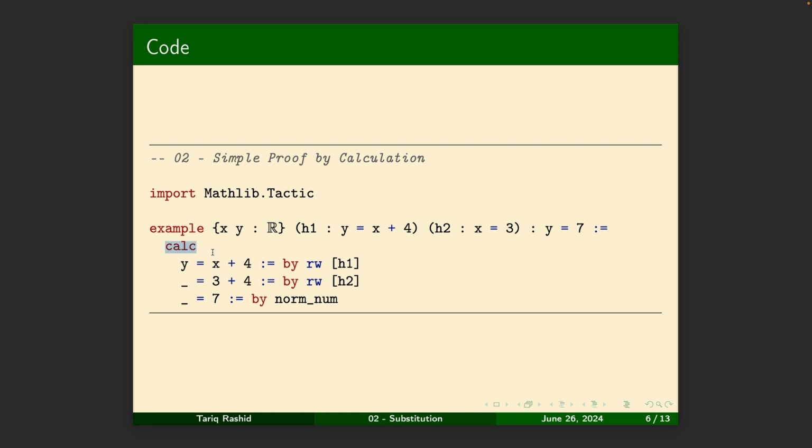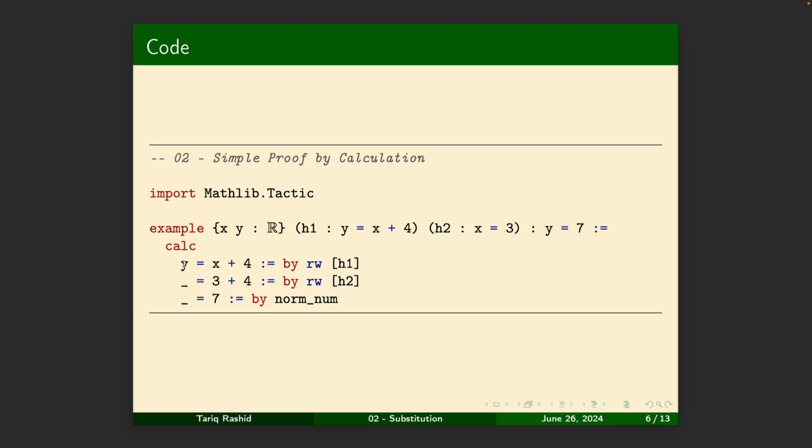So calc is a strategy we're going to use for this proof, and it's essentially calculating the result, which is what we've done. We've calculated that it's 7. So it's sort of saying a quantity equals something, and that equals something, and that equals something, until we get to what we want, and that's the calculation strategy.